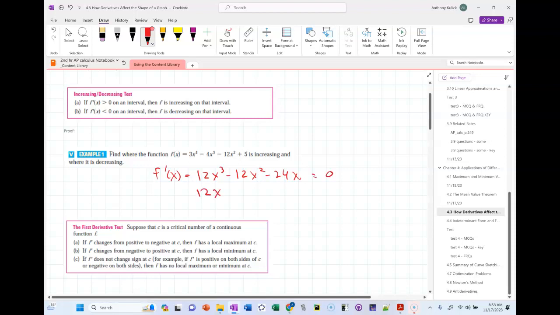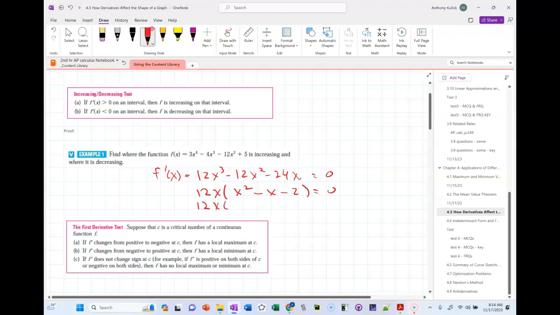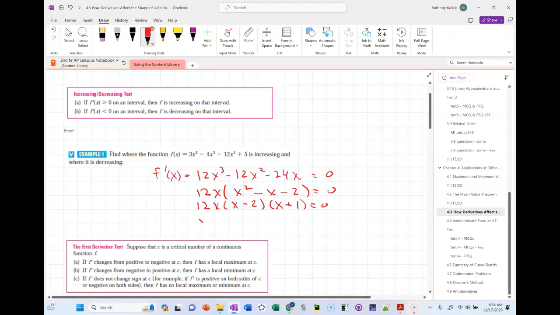So in this one, to solve this, I can factor out a 12x, and then if I factor that, I have x equals 0, x equals 2, and x equals -1 as solutions.